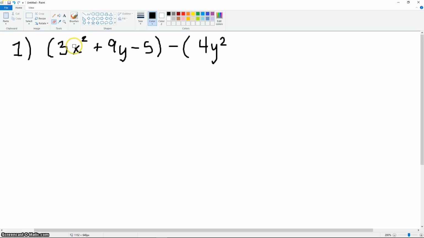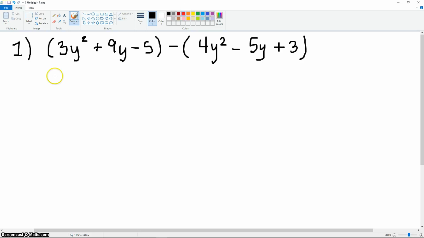Let me change this to y. So it should be 3y squared plus 9y minus 5 minus 4y squared minus 5y plus 3. This is going to be a subtraction one. Make sure you distribute that.